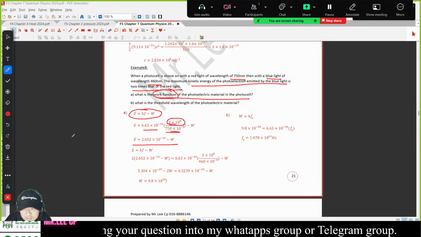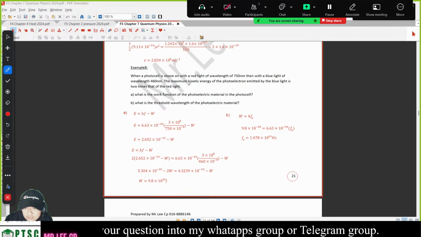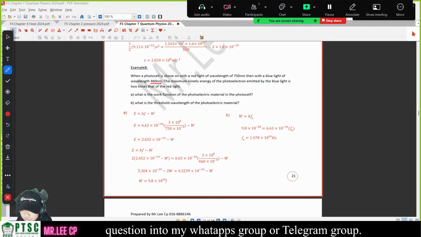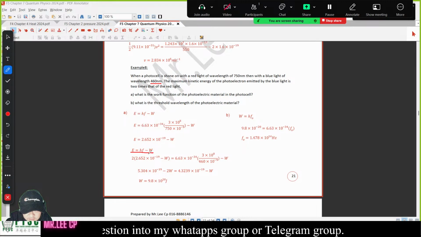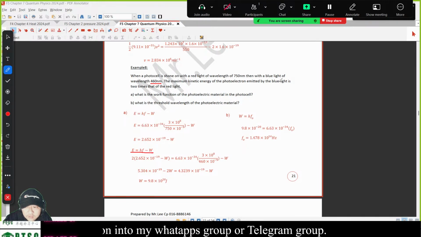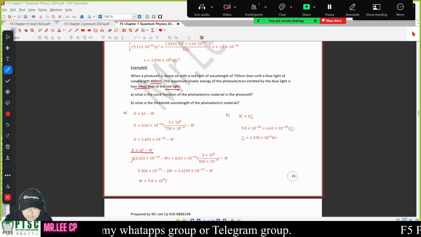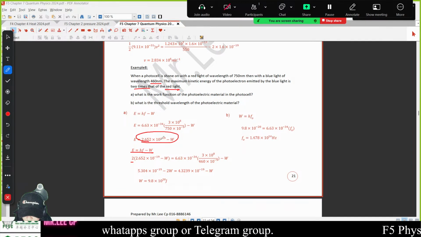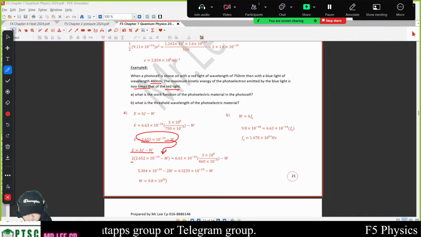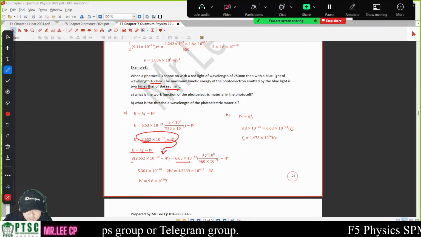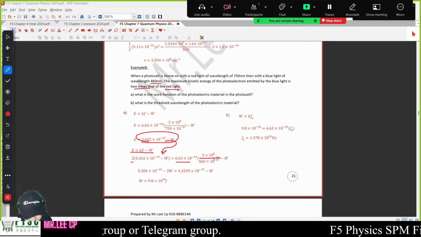Now the second one is the blue one. E is hf minus W. But the blue one, it is 2 times the red one. 2 times this one. Put it in. Right? h c over lambda.